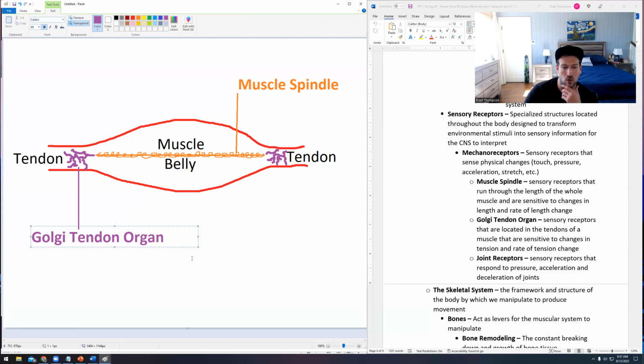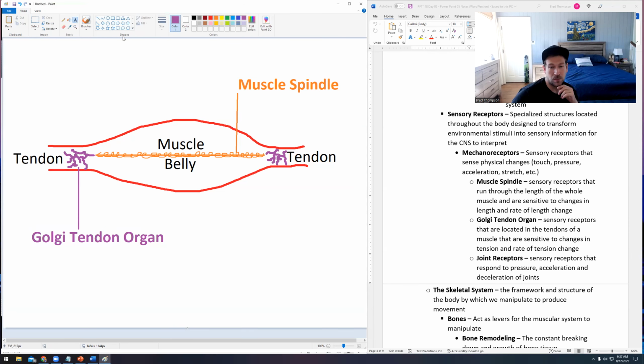So a Golgi tendon organ is responsible for sensing tension changes within the tendon. Okay, so Golgi tendon organ, tendon tension, right? It's a good way to remember it. So they're sensitive to changes in that tension. If the Golgi tendon organ thinks that you are going to tear off of a bone, because that's the thing, right?